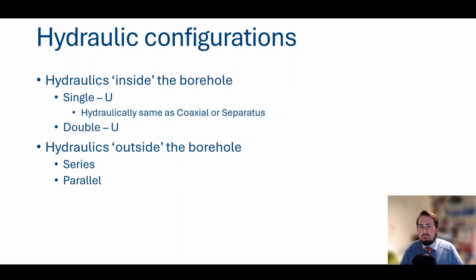So inside the borehole, it's basically the heat exchanger you put inside the borehole. So from a hydraulics perspective, you have either a single U-tube or a double U-tube. Heat exchangers like the coaxial heat exchanger or the separatus heat exchanger will be more or less the same as the single U-tube from a hydraulic point of view for today's video.